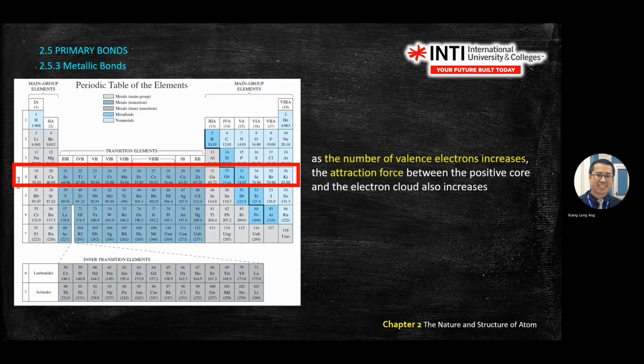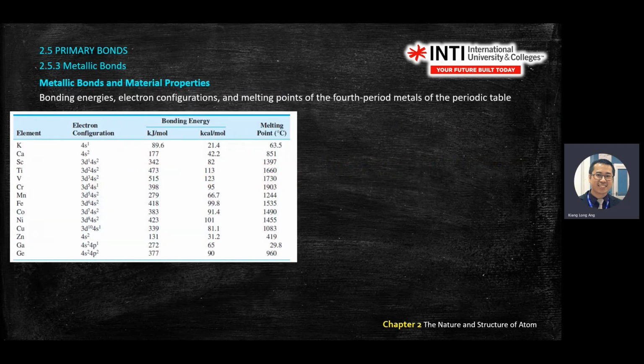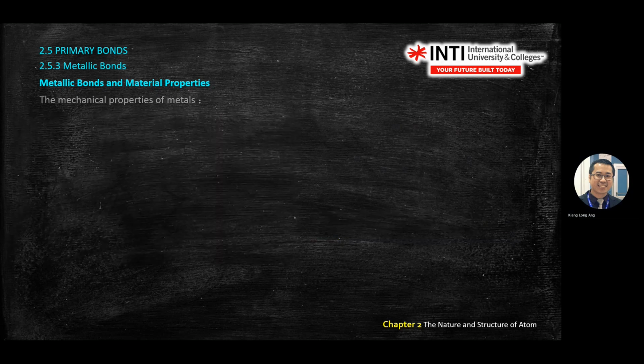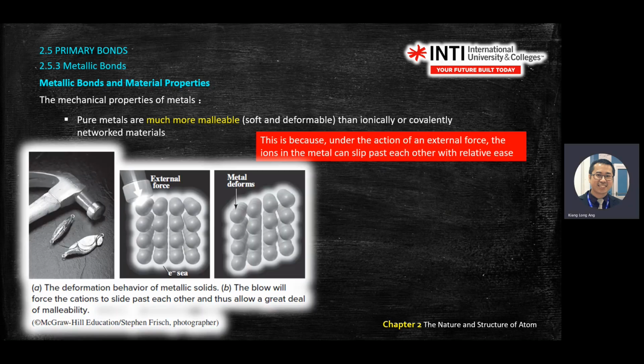This one. K, Ca until chromium. You take these slides, compare side by side with this table, you will see the influence of bonding there. Okay. So all this I will go very fast.